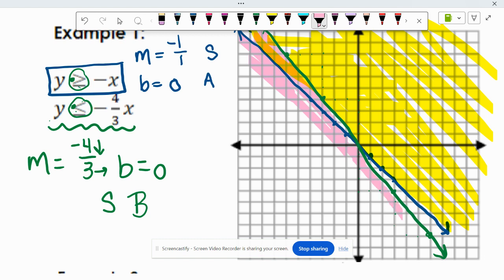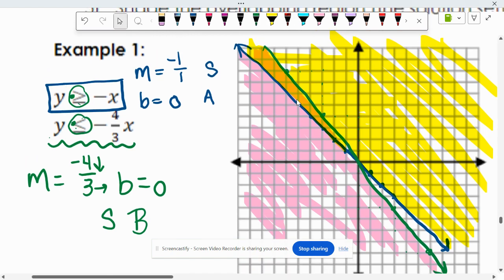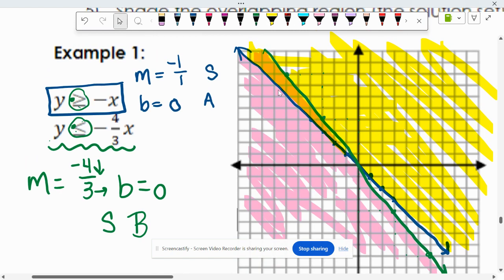So hopefully you see when you shade below, the solution set for your inequality is very small. It's just that little sliver of what has maybe turned into an orange color right here. This is the only area where an ordered pair would make both inequalities true.